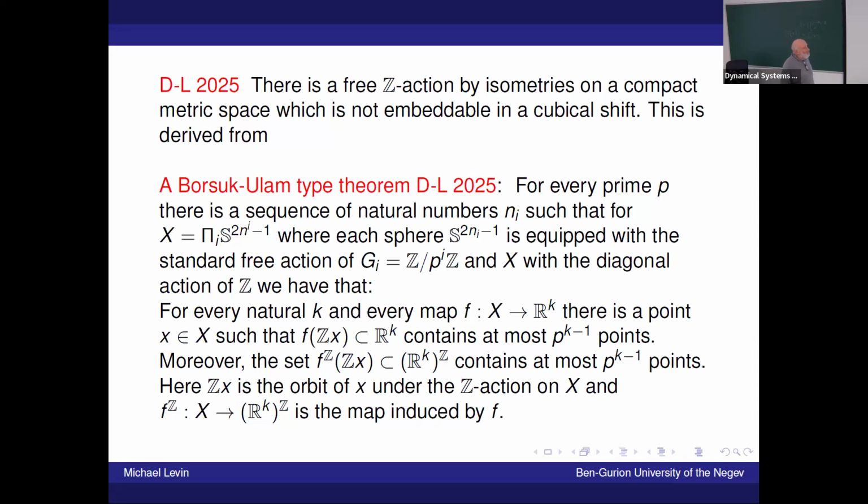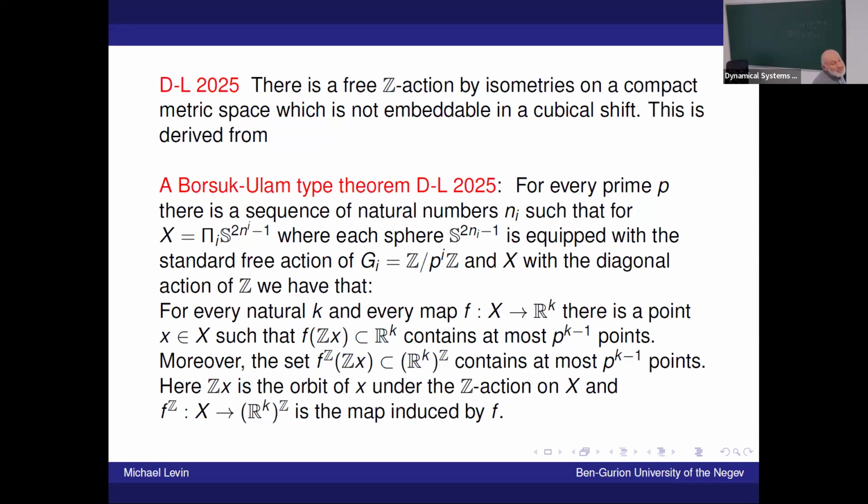So if k is equal to 1, there is an orbit that goes to a single point. Definitely we cannot resolve this property for higher dimensional Euclidean spaces, but still we keep the finiteness of the image, and we need to increase the number of points in the orbits by the power of p. So there are no estimates for the number n.